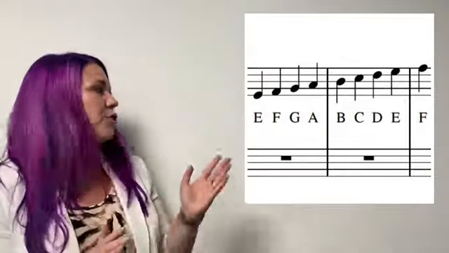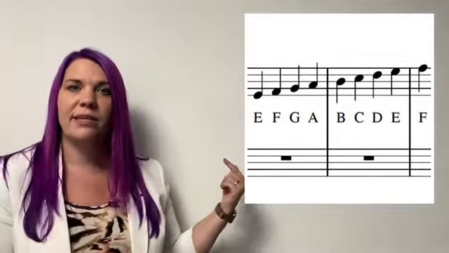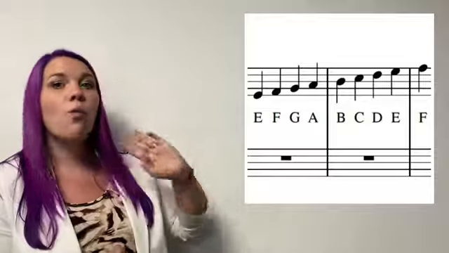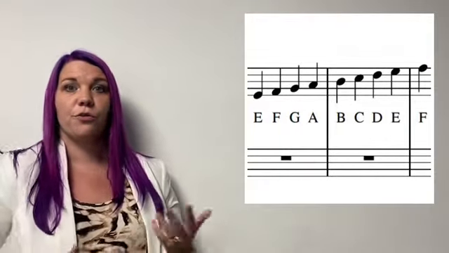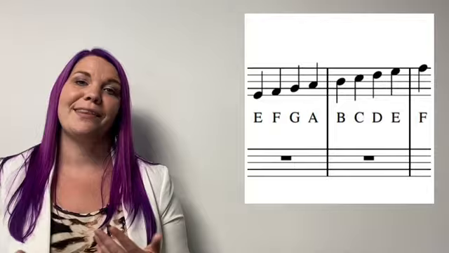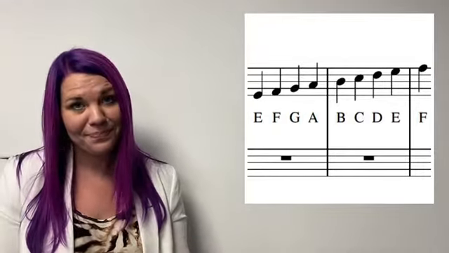So if the only thing you remember is that the first space is an F, no matter what note you see, you can climb up line, space, line, space, line, space until you get to the note that you're looking for, and you will understand then what note name that is.